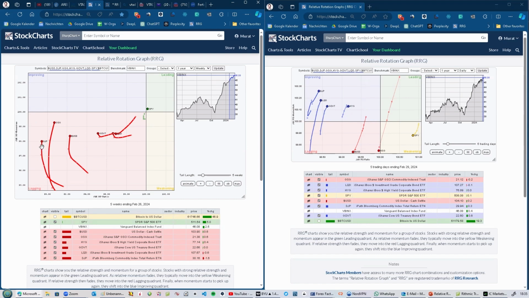But of course, also what I see is the commodity markets, here classified with DJP, which is the Bloomberg Commodity Index, and GSG, which is the Goldman Sachs Commodity Index.